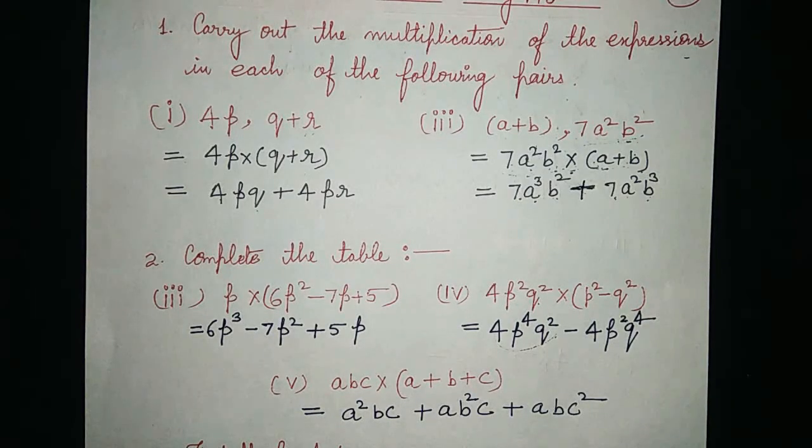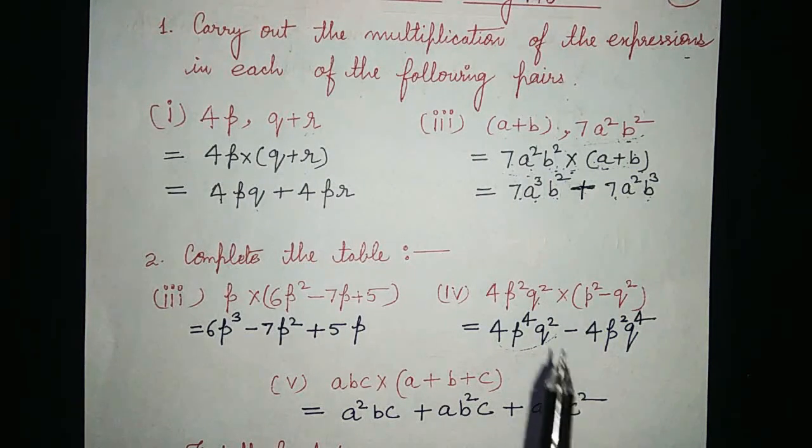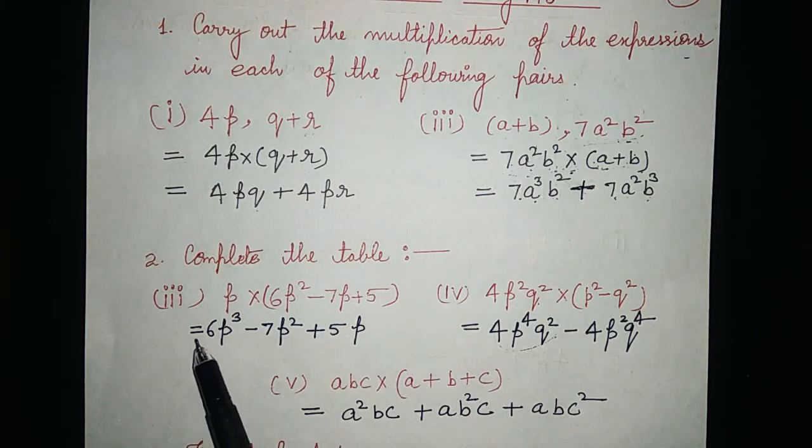Now children, see the second question. This question you will solve in your copy. Just now I have told. Here I am explaining you three parts of this question. First and second part you will solve yourself and you will fill the answer in the table. Now you see the third part.